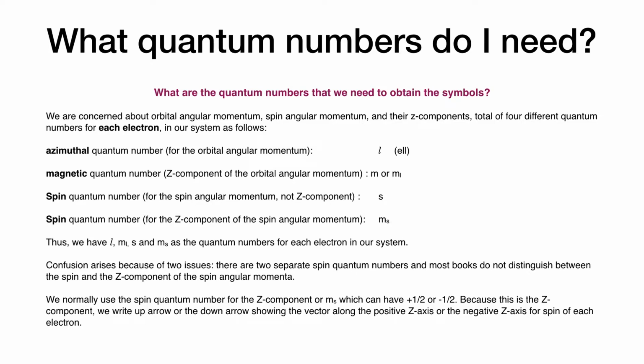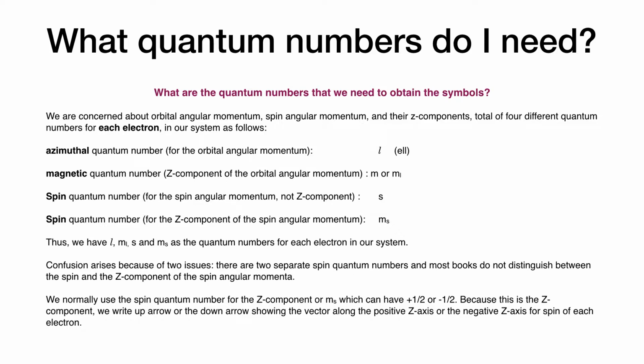Okay, small l for the azimuthal quantum number, and the magnetic quantum number m sub l, and for the spin quantum number we have small s, and then the z component of the spin angular momentum has the spin magnetic quantum number m sub s.